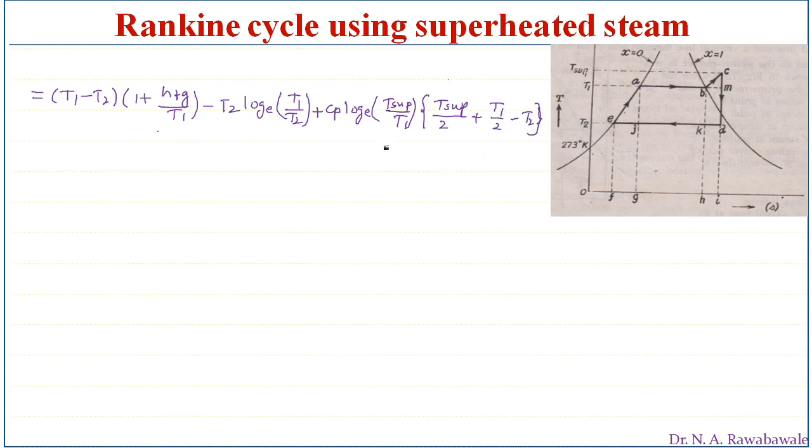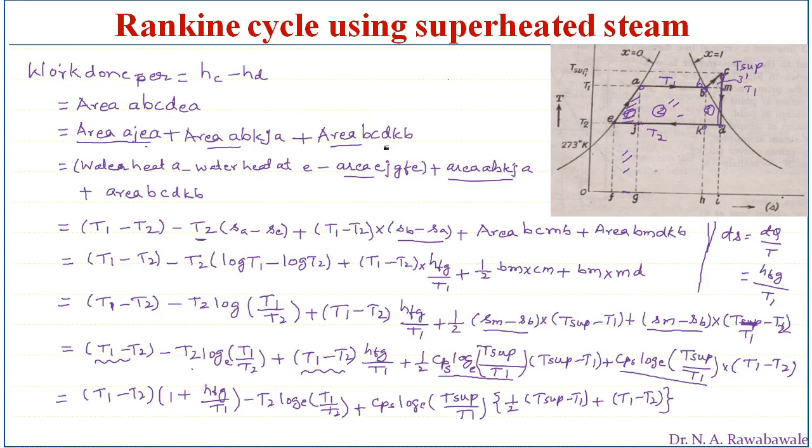So in the previous slide we can see this bracket: half T sub minus half T1, here full T1. So if we divide 1 by 2 into T sub, this will be T sub divided by 2, minus T1 divided by 2 plus T1 divided by 2. So it becomes plus T1 divided by 2 minus T2 as it is.